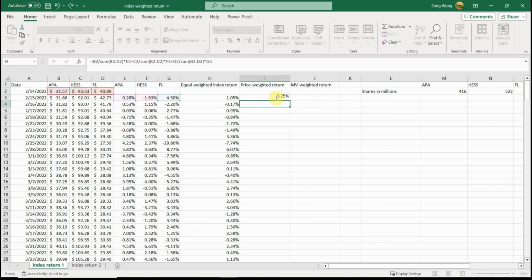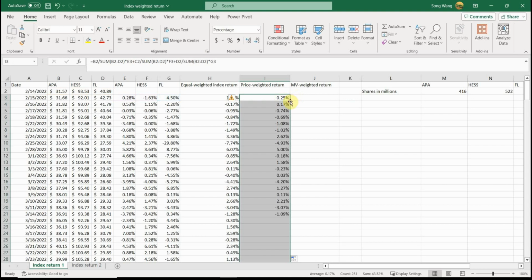Just hit enter, and then you drag it all the way down.